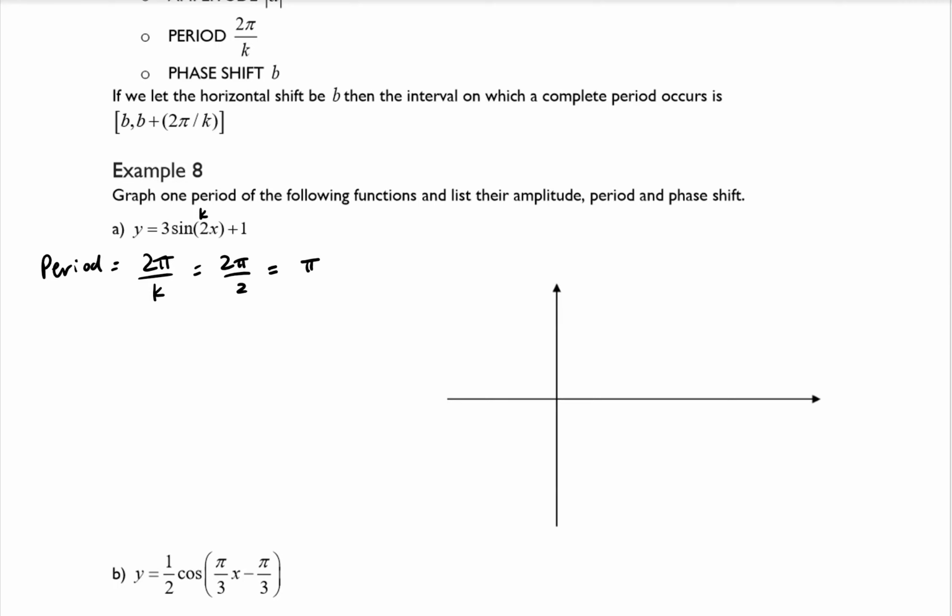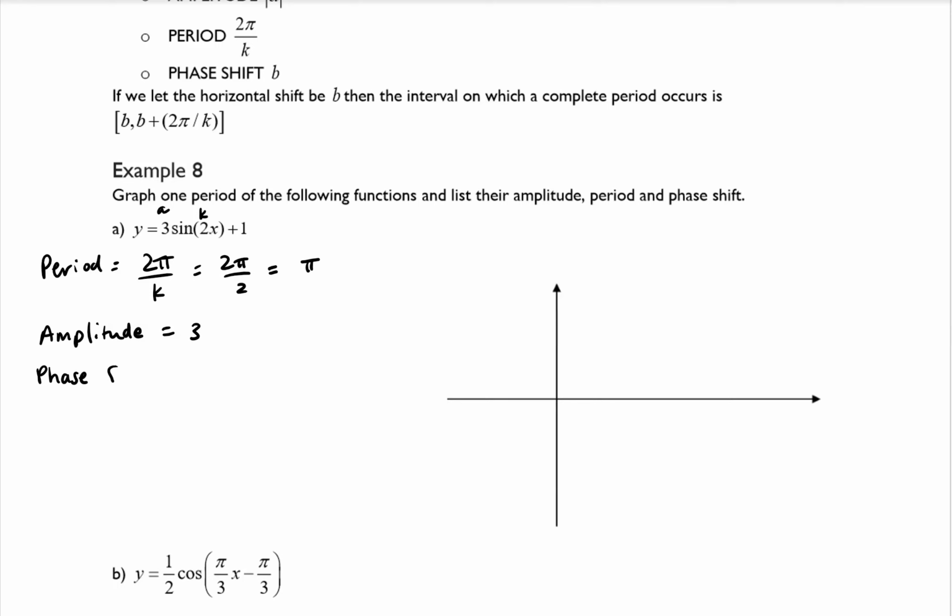Now there is no phase shift, or you can think of the phase shift as 0, because we are not subtracting or adding a value inside of the parentheses. So the period is pi. We know that the amplitude is related to the a value, which in this case is 3.